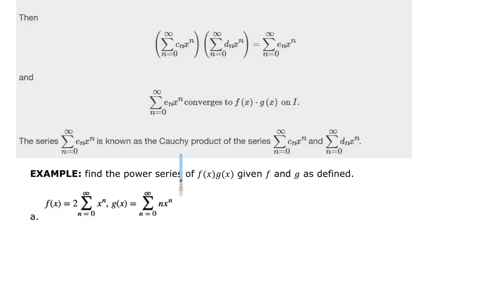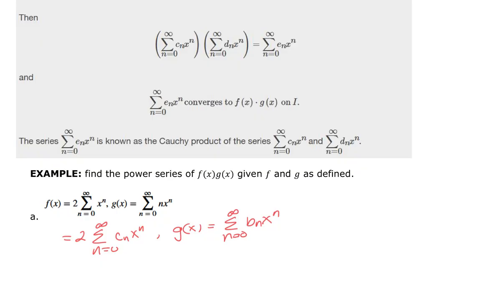So I'm probably saying that wrong. The Cauchy product of the series of these two. So find the power series of f of x times g of x given f and g as defined. I'm going to write f of x as the summation of n equals 0 to infinity of, following the same pattern, c sub n x to the n, and I'm going to rewrite g of x as the summation of n equals 0 to infinity of b sub n x to the n.